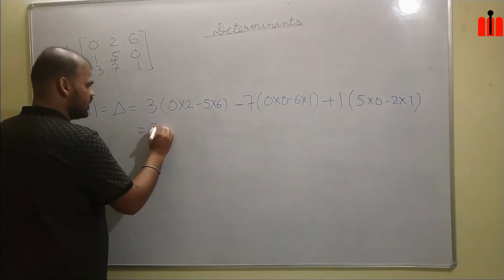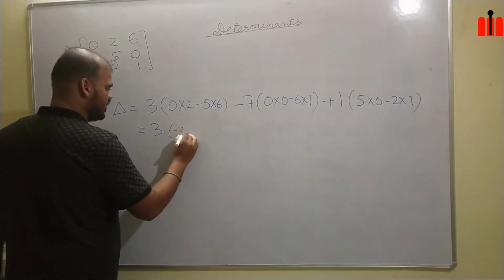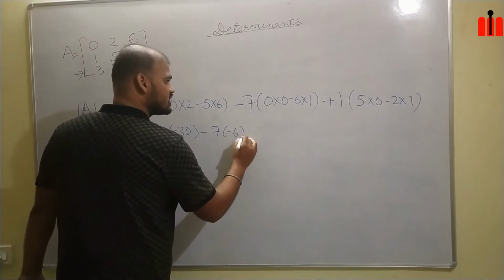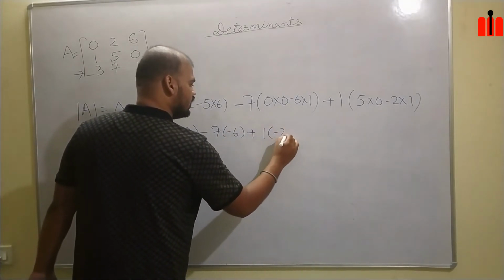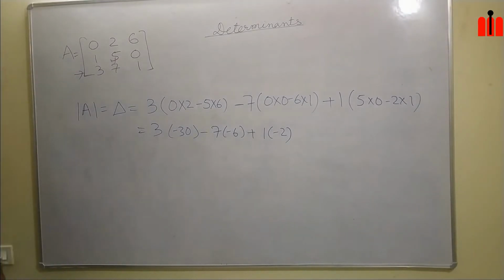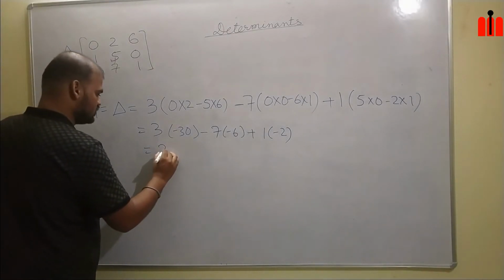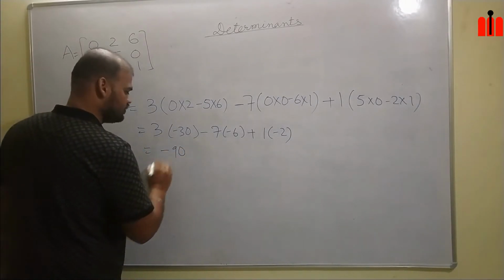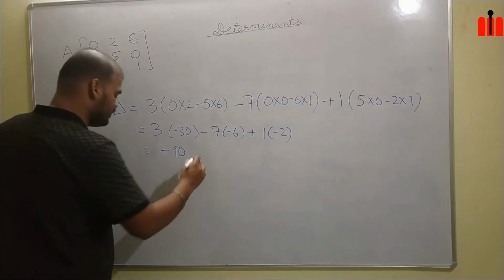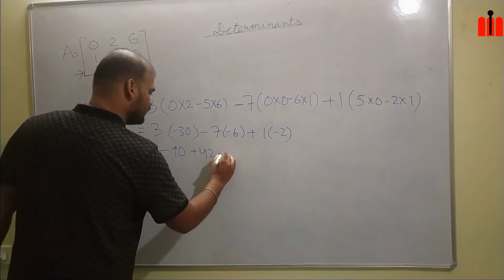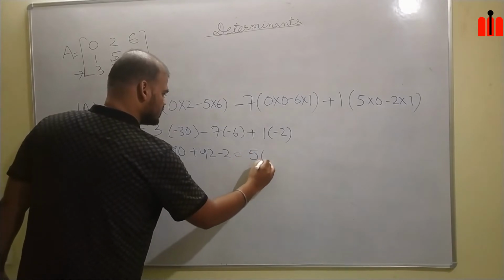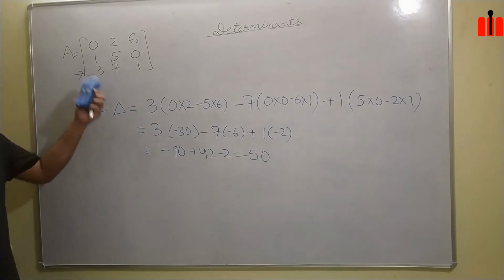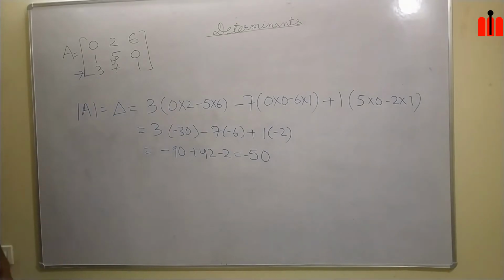It will be 3 into minus 30, minus 7 into minus 6, plus 1 into minus 2. So it is minus 90 plus 42 minus 2, which is equal to minus 50. So minus 50 will be the determinant of this matrix.